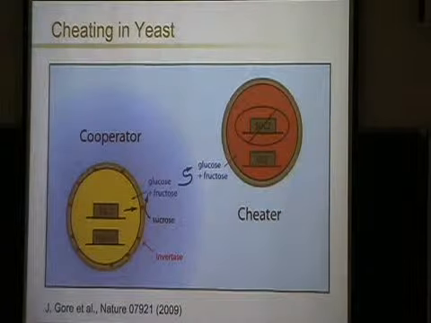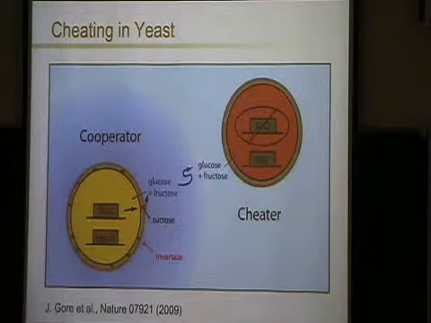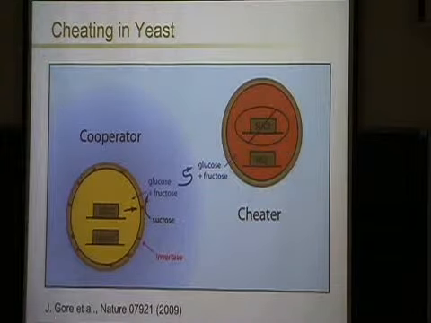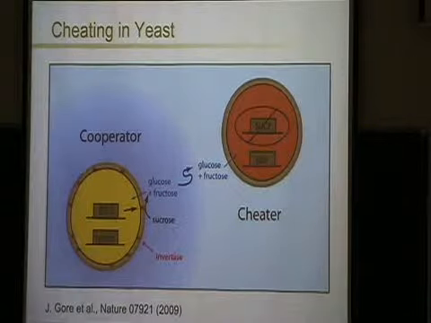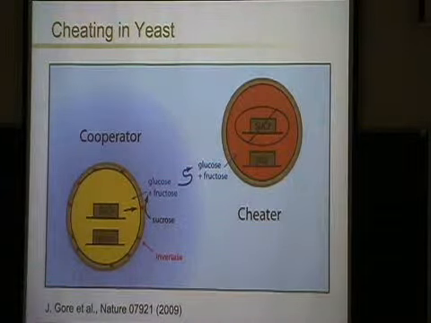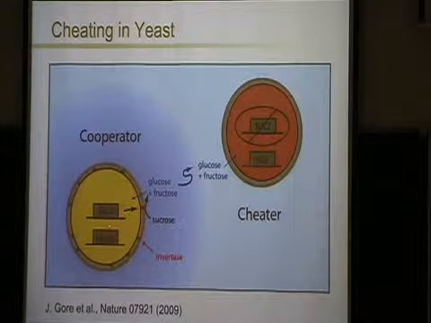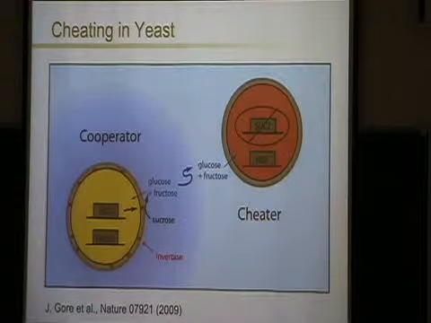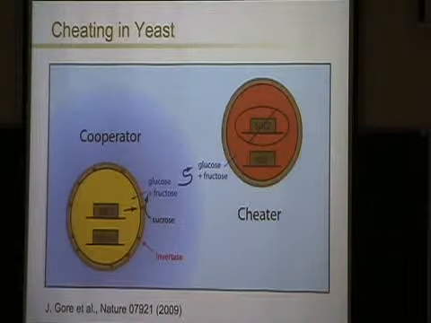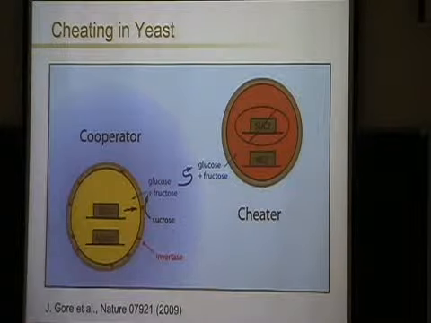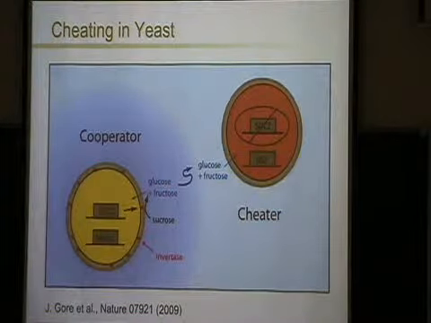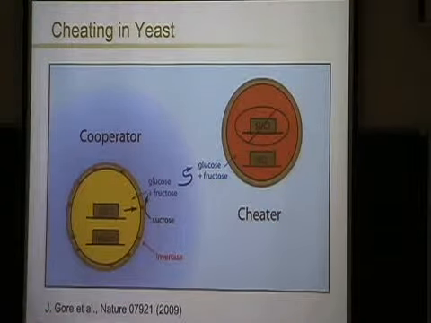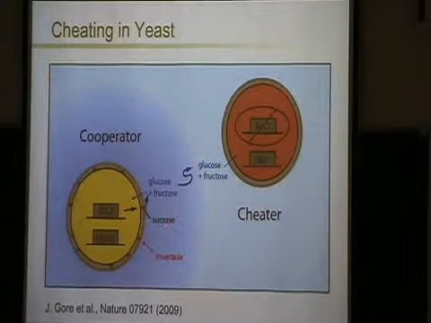So the next is cheating in yeast. This is a recent set of data from Jeff Gore in the Udenam lab at MIT. What they managed to do is to look at yeast here, and there's the following situation. Yeast likes to feed on a certain kind of sugar, namely glucose and fructose. Favorite food. But sometimes you don't have glucose and fructose available, you only have sucrose.